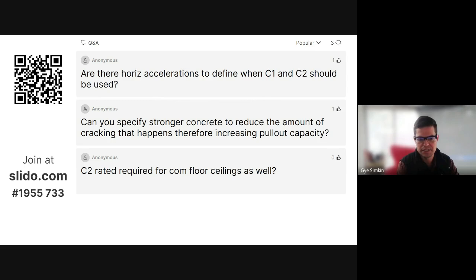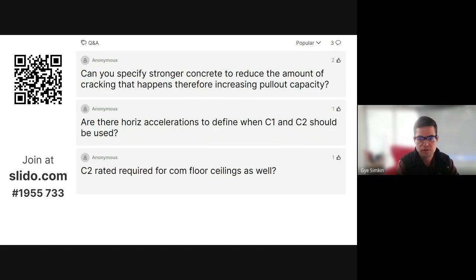So com floor is a composite concrete with the steel underneath. I know there's a lot of guidelines and recommendations from the suppliers going around for the com floor and tray decks.